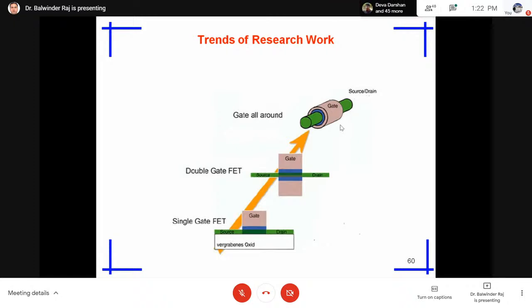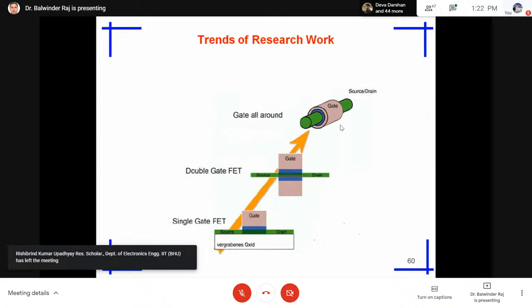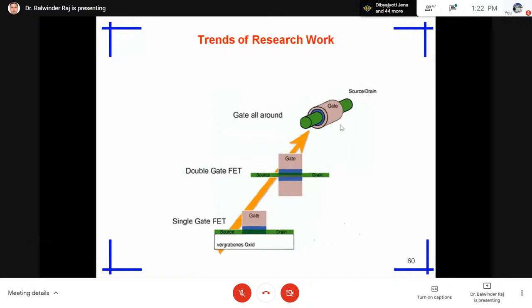All those structures are under research to analyze their performance in terms of Ion ratio. How their parasitic capacitances can be minimized, how the leakage current can be minimized, how Ion can be enhanced, how subthreshold slope can be improved. All those parameters can be improved with the gate all around type of structure.